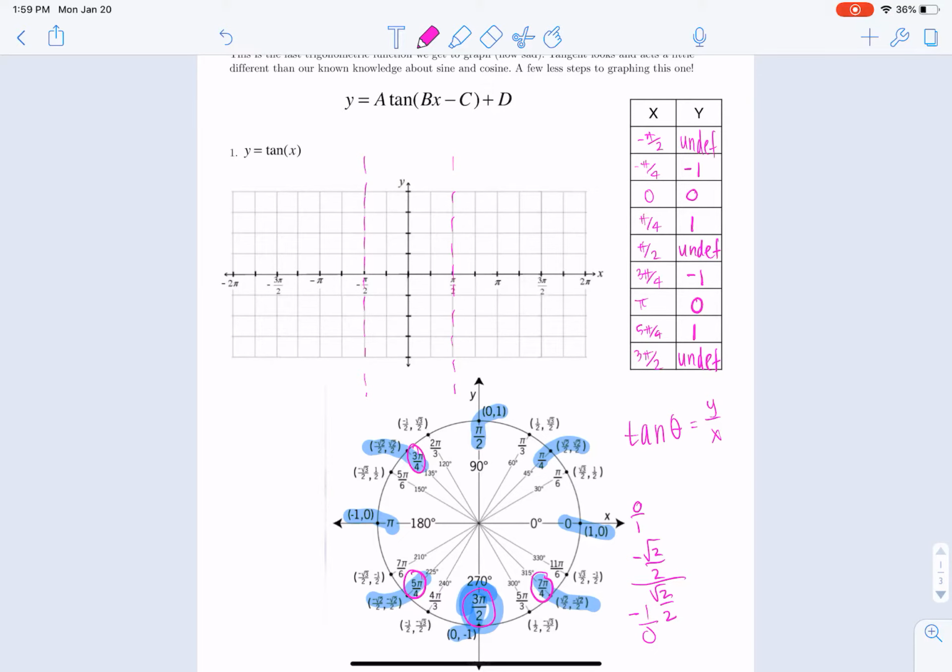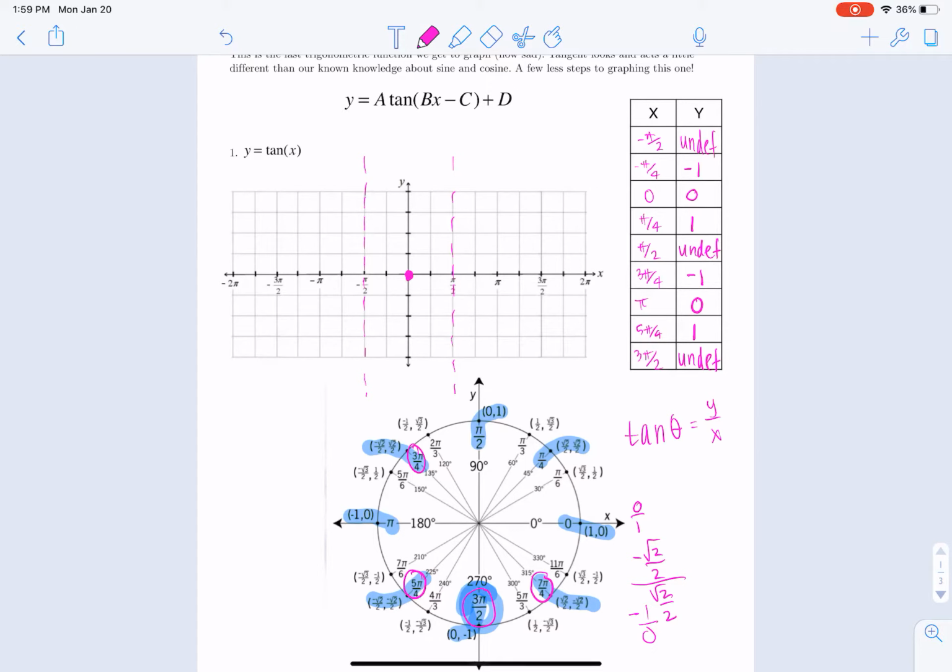The way that we're going to graph this, and it'll be a really similar pattern each time, is that my in-between value, in between pi over 2 and negative pi over 2, is always where my sine graph is, at 0.